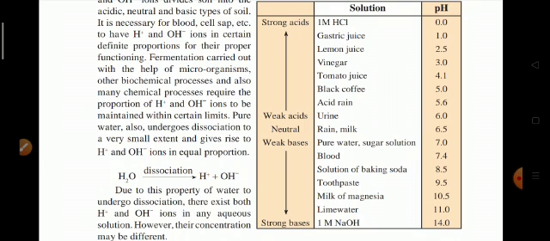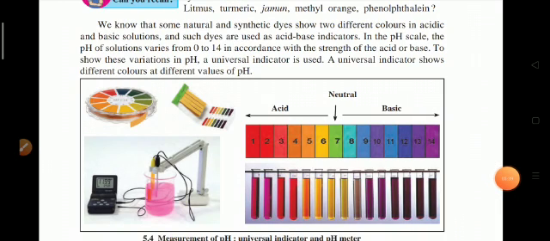These lie in between, like the weak acids, neutral, and the weak bases. Then we have seen about the universal indicator. From 1 to 6 it is acidic, whereas 7 is a neutral pH, and from 8 to 14 it is basic.